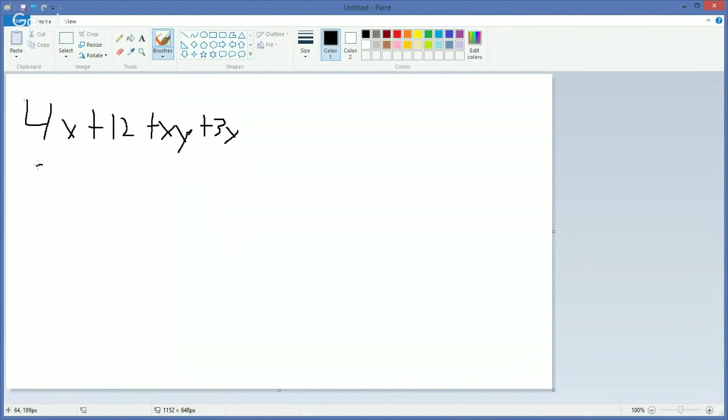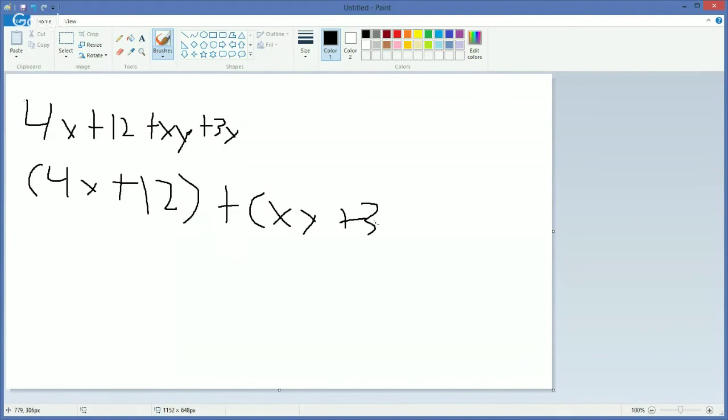Open bracket 4x plus 12, close bracket, plus xy plus 3y. Now the next thing we're going to do is take the factor 4 out of the first one. So that'll be 4 times (x plus 3) plus y times (x plus 3).